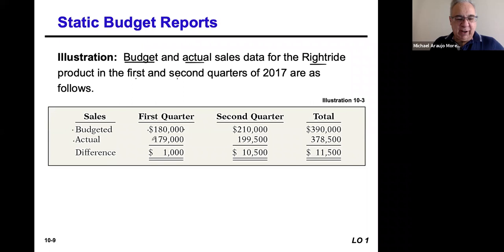We actually had 179,000 in sales. We were off by 1,000. In the second quarter, we budgeted 210,000 in sales. We actually had 199,500 in sales. We were off by 10,500. So in total, our sales are behind by 11,500. That's the difference.